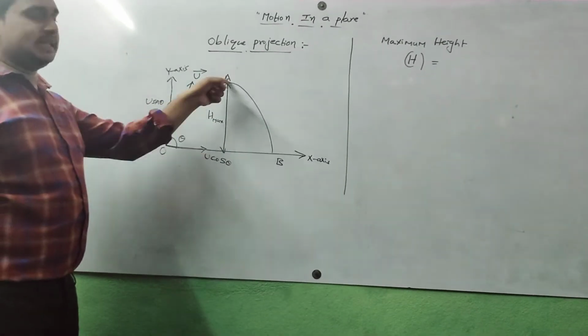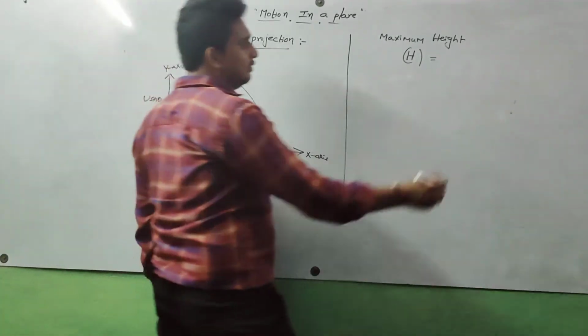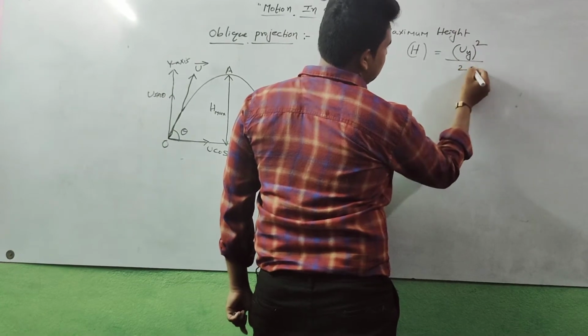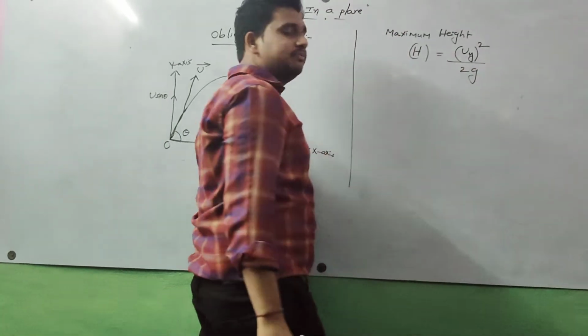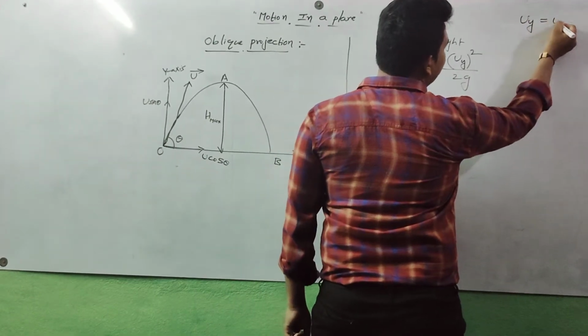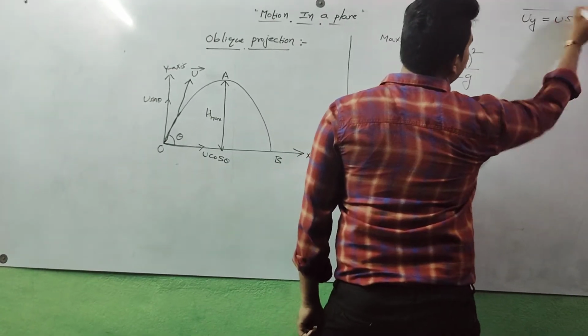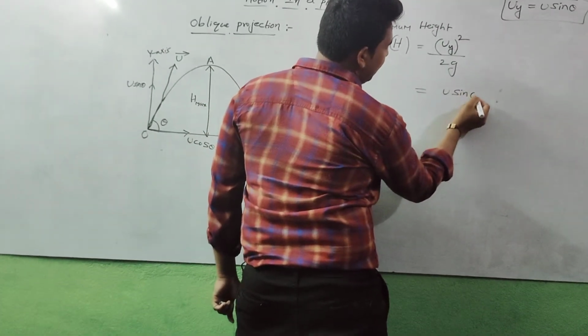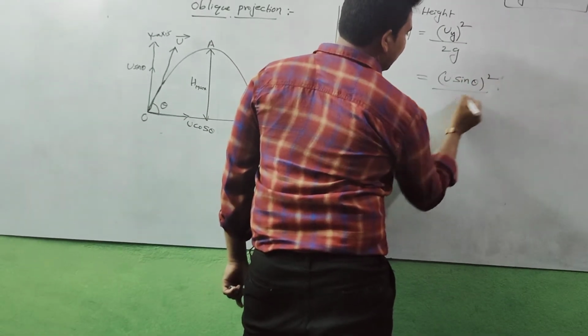How to find this maximum height? Maximum height formula is uy square by 2g. You know uy is equal to u sin theta. Substitute the uy value here: u sin theta whole square by 2g.